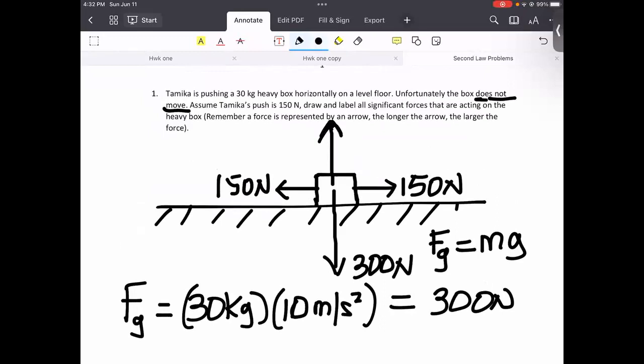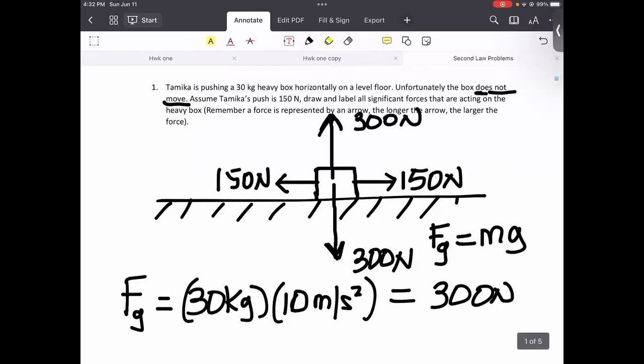And I can tell the size of that by understanding that the box does not move in the vertical direction. So this must be 300 newtons. If I make this a little bit shorter here, trying to perfect this diagram. Okay, kind of like that. So that's the force diagram that we have.